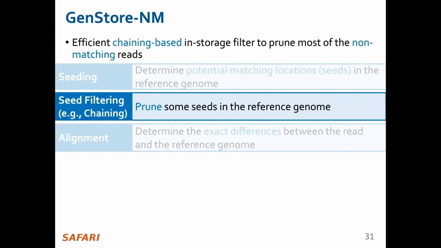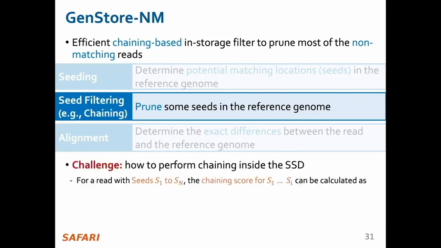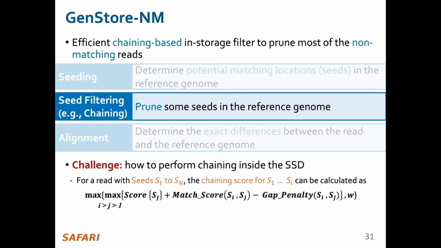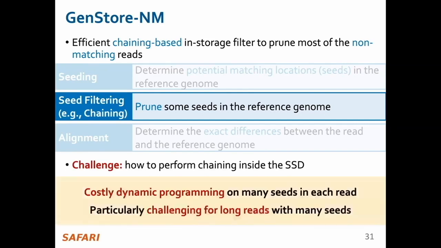Calculating the chaining score in the SSD can be challenging because finding the best chaining score requires performing many iterations of a dynamic programming algorithm for all seeds in a read. That can be particularly challenging for long reads since they have a large number of k-mers per read.